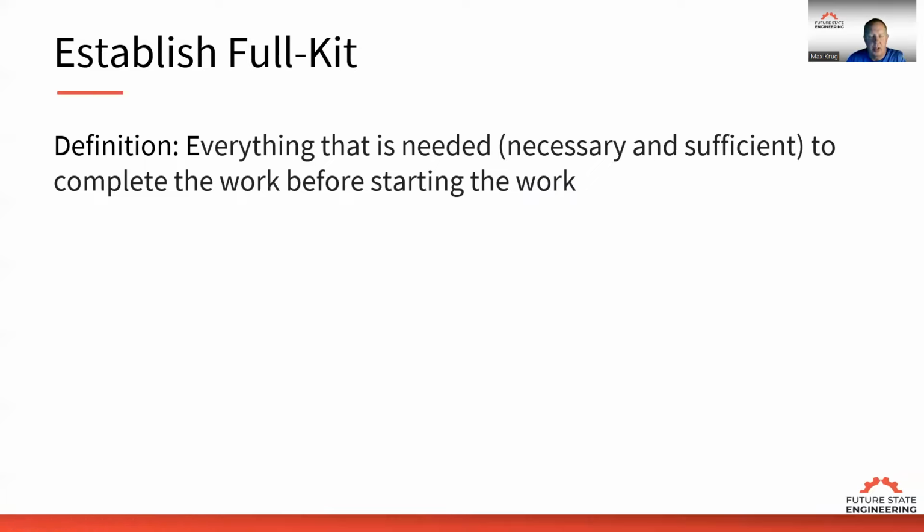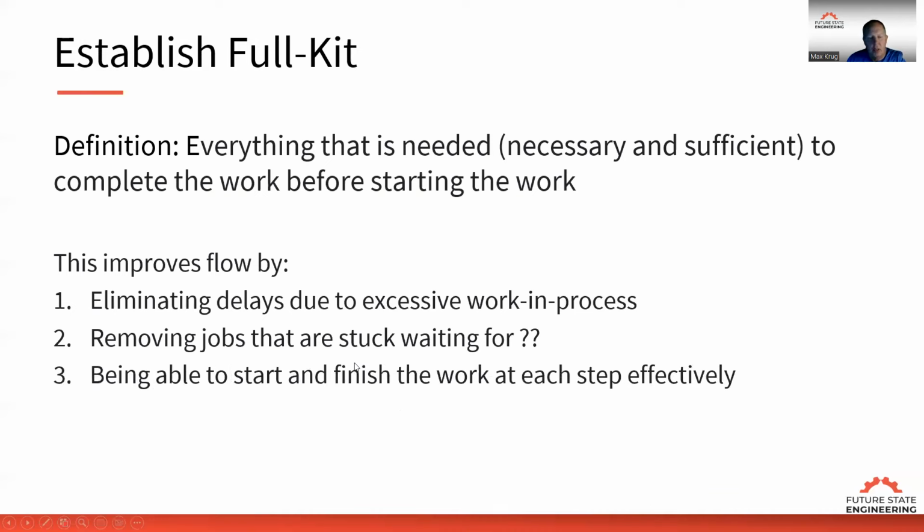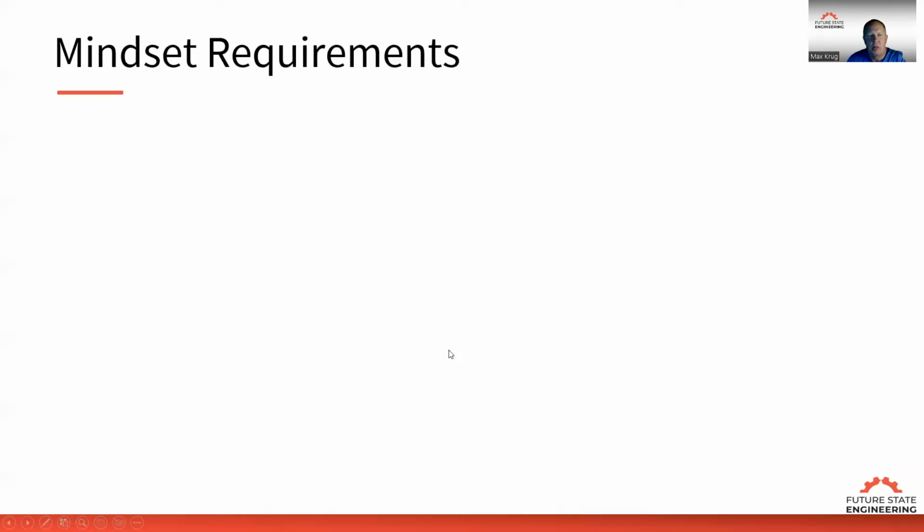It's having everything to complete that work once you start it. This improves flow by eliminating any delays due to excessive work in process, removing jobs that are stuck waiting for whatever, being able to start and finish work at each step most effectively, and reducing defects associated with rework due to incorrect inputs. So establishing FullKit creates better flow.